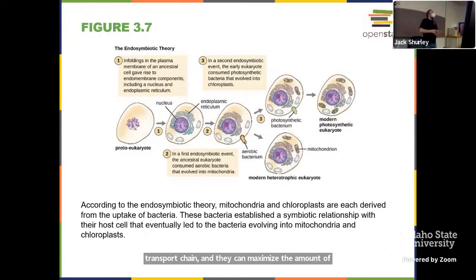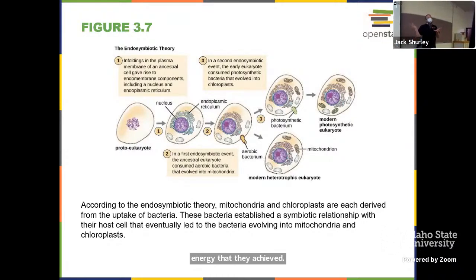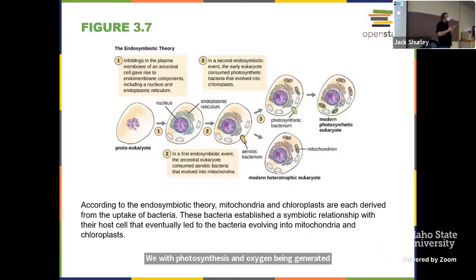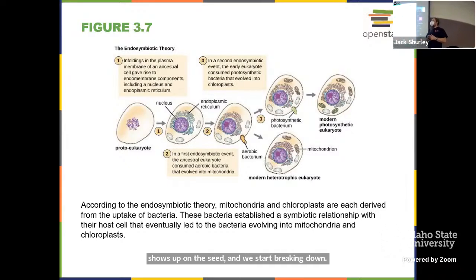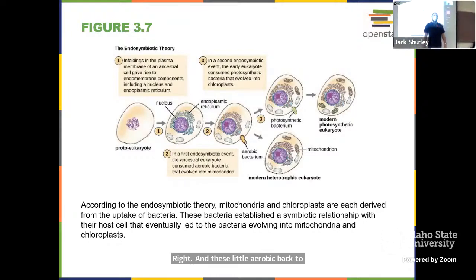achieve. With photosynthesis and oxygen being generated, aerobic respiration also shows up on the scene, and we start breaking down these molecules and liberating huge amounts of energy, right? And these little aerobic bacteria do great jobs of that.